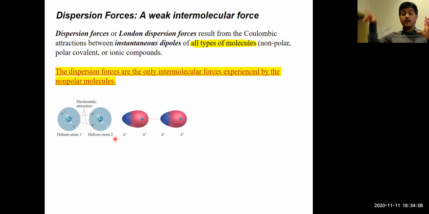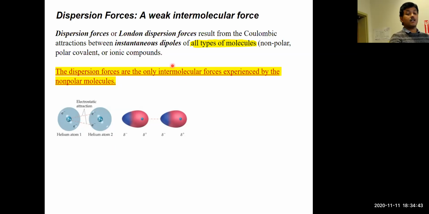When the electrons are moving around the nucleus, there is a movement, even if it is the slightest, tiniest fraction of a second, where the electron cloud shifts to one side and is not present on the other side. When the electron cloud temporarily shifts heavily to one side, it creates an instantaneous temporary polarity. That is what we mean by an instantaneous dipole.